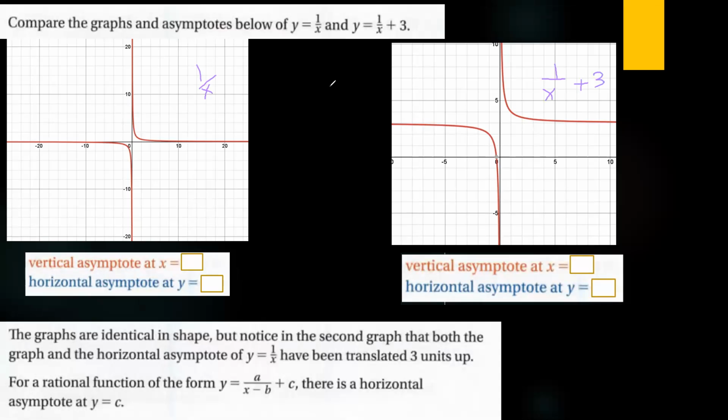So you have to add 3 to the rational, to 1 over x. In the previous one, we have it as 1 over x plus 3, where the 3 was added to the denominator. But here, no, the 3 was added to the whole function, to the 1 over x. In this case, that means you have to shift or translate the function 3 units up or 3 units down.